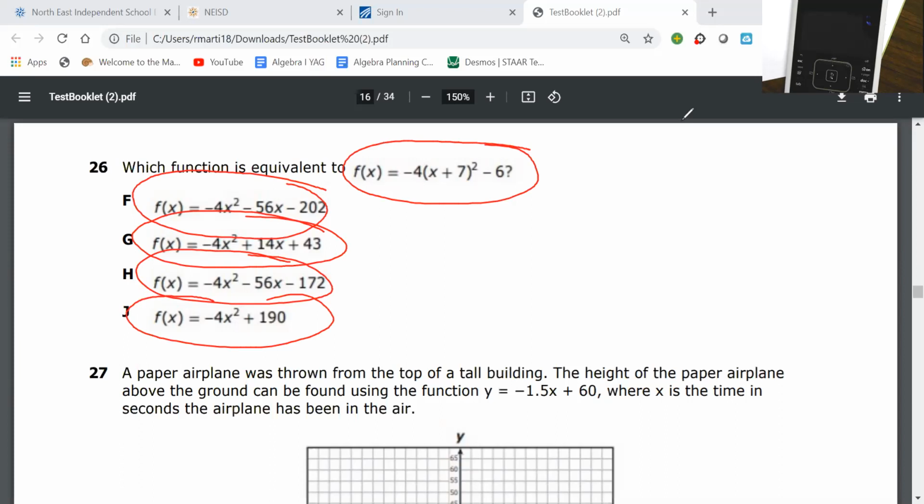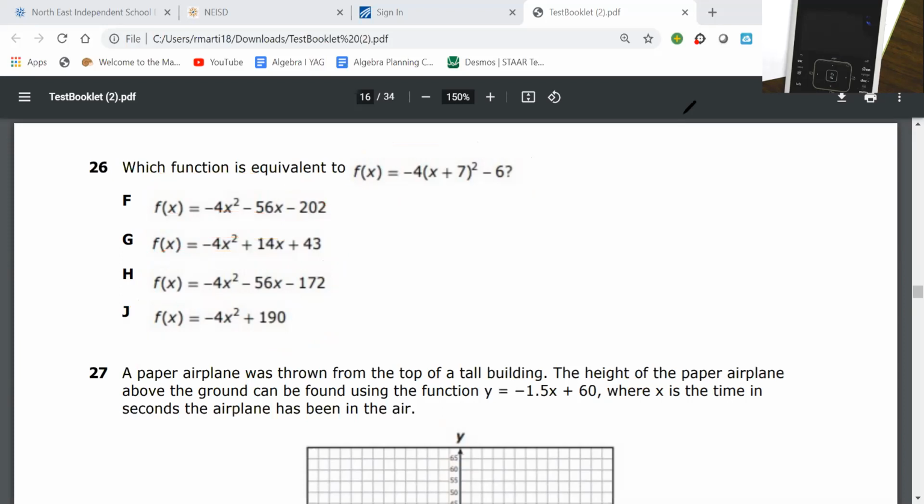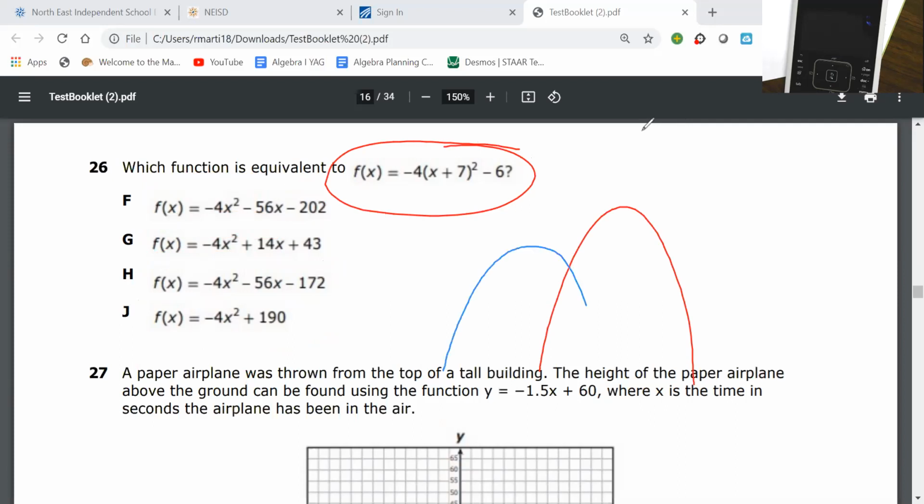When you graph this, because of the -4x squared, you get an upside down parabola. When you graph some of these others, you might get something that looks different. But when you get the one that falls exactly on the original one, that's the answer.